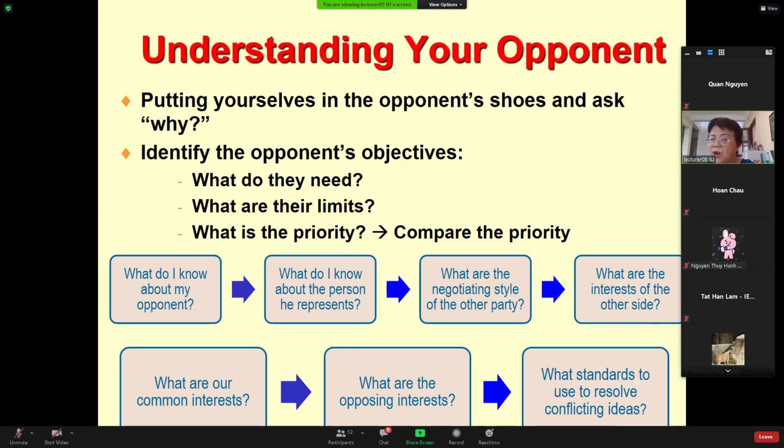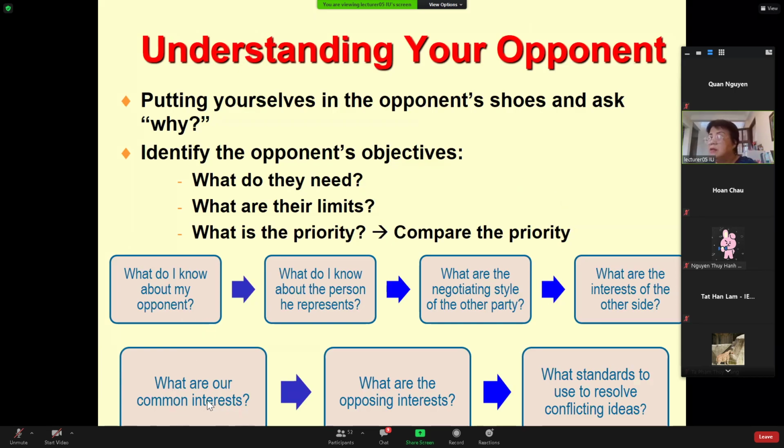And what is the priority? So there is the process. What do you know about my opponent? What do you know about the person he represents? What is the negotiating style of the other party?